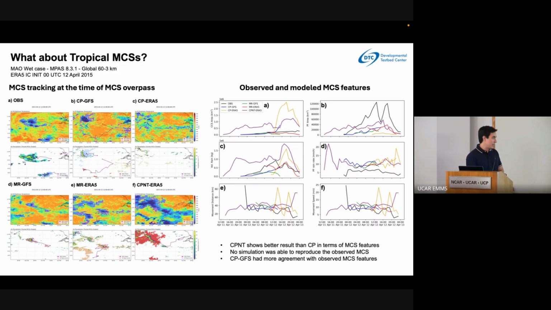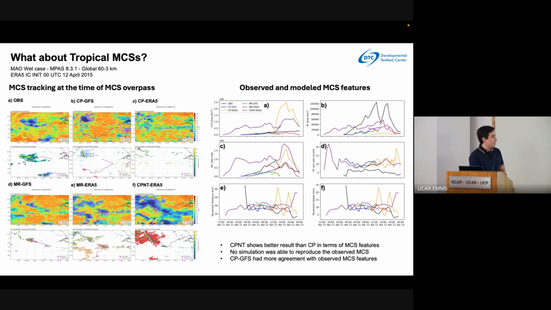As we know, it is a weakly forced environment. It's not the same as here in the Southeast, where we have a very pronounced large scale forcing. So the difficulties start there. And also in the Amazon, we don't have a very specific triggering for convection, which makes it even more difficult to reproduce.